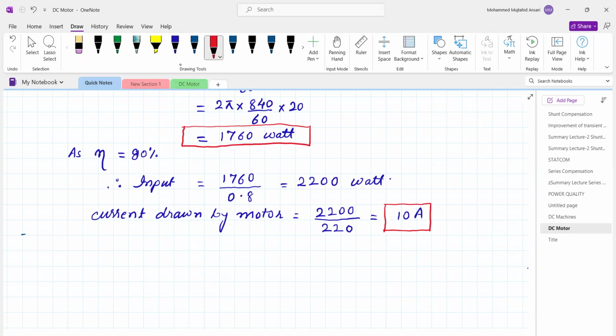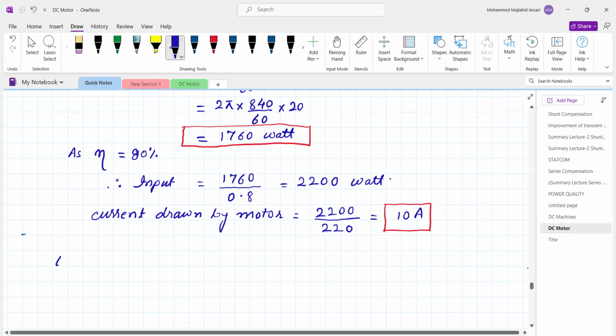Okay, so let N1 and D1 be the speed and diameter of the driver pulley.